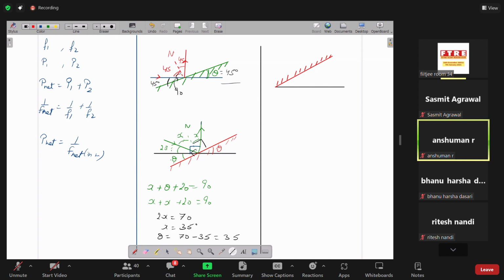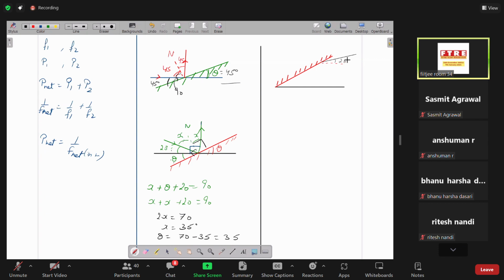Okay. Then they are saying that the ray is incident at an angle of 20 degrees with the horizontal, above the horizontal, like this. So it can also be a case, this is 20 degrees.